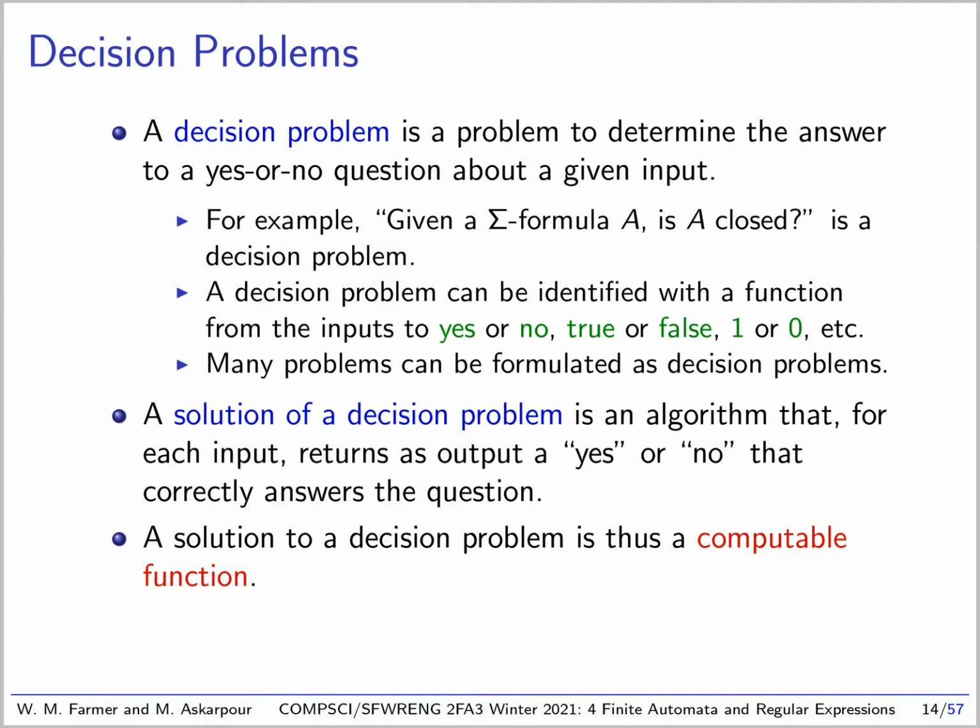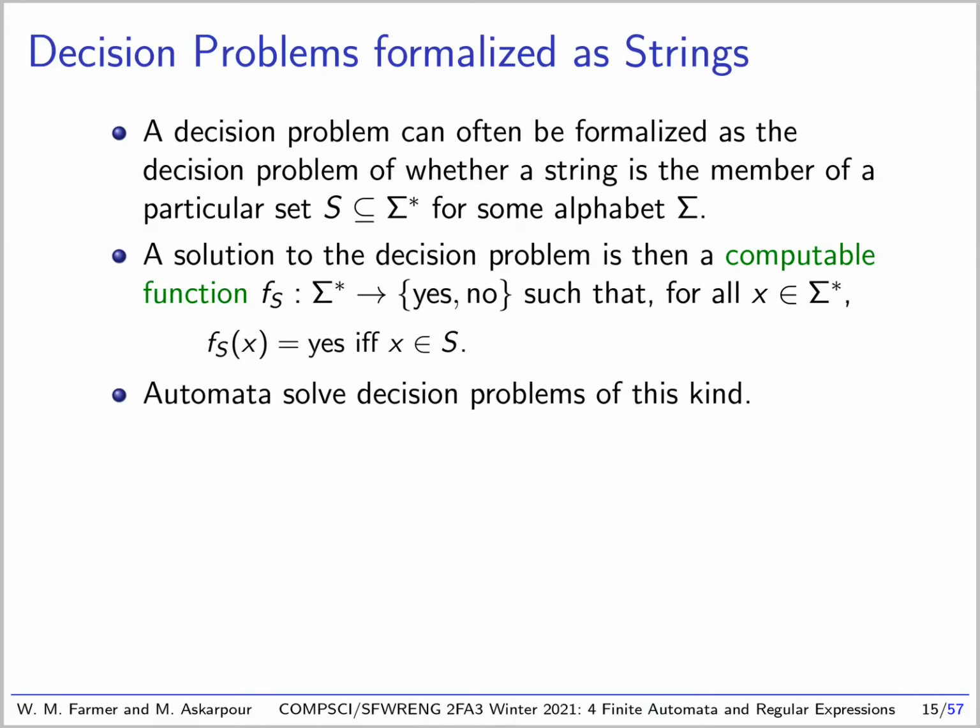For now, just understanding the decision problem and how it is formalized as a question of strings and languages could help us better understand how finite state automata work and that they can resolve any problem that is reducible to the decision problem over strings. So the formalized version of a decision problem is described as whether a certain string is a member of a language defined with sigma as its alphabet, an arbitrary set, or a subset of sigma star.